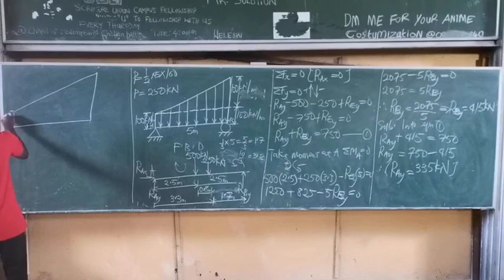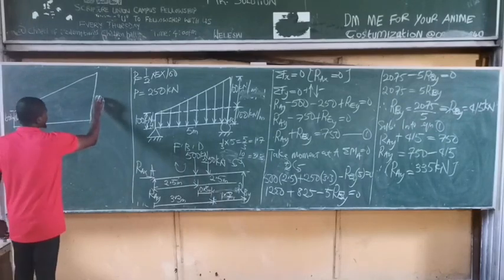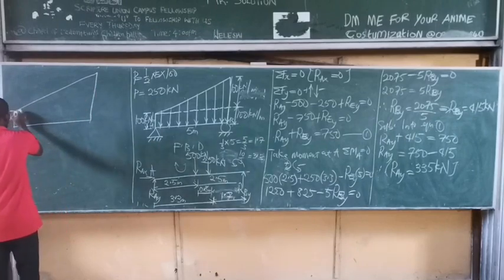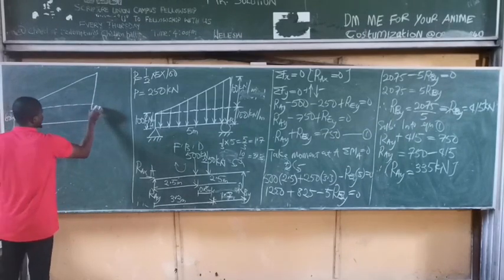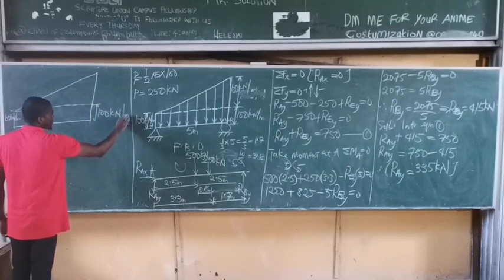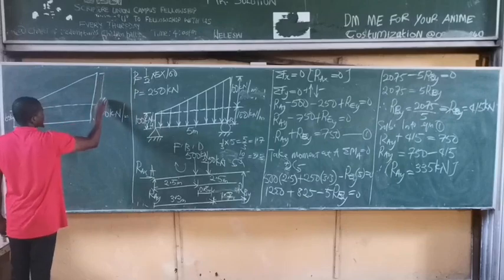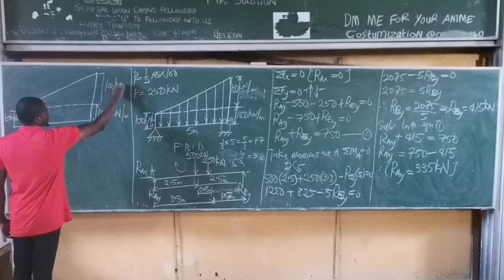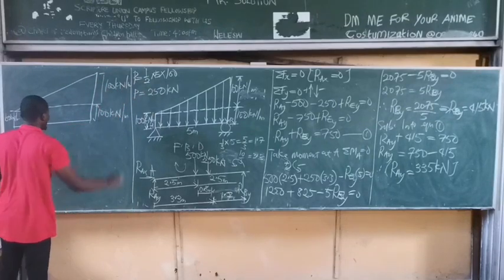We have here 100 kilonewton meter, and here 200 kilonewton meter. We can split this. This remains 100 kilonewtons per meter, and this also remains 100 kilonewtons per meter.